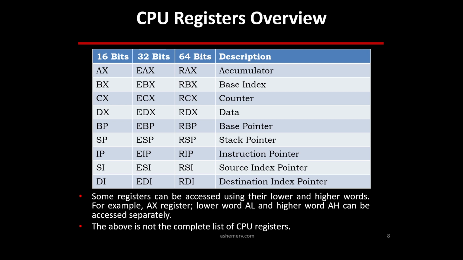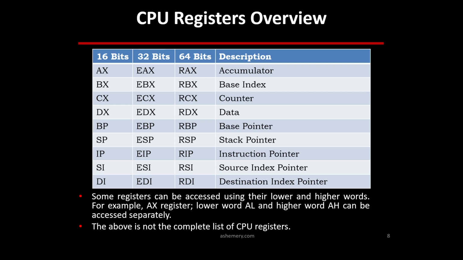ESP is the extended stack pointer. These are all 32-bit registers. EIP is the extended instruction pointer. And then we have ESI and EDI, which are two pointers for when we deal with strings or with data.